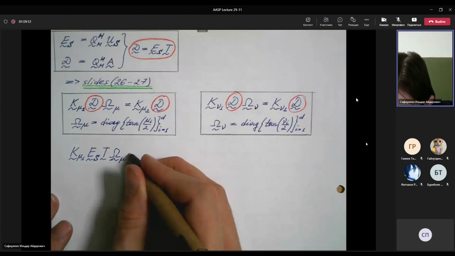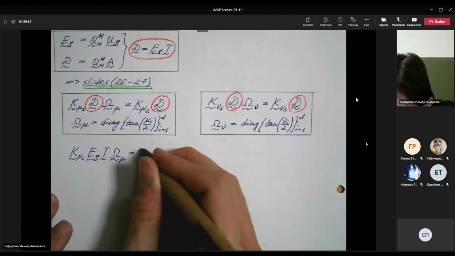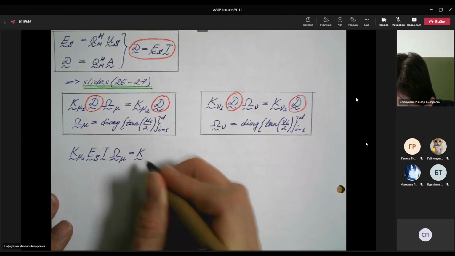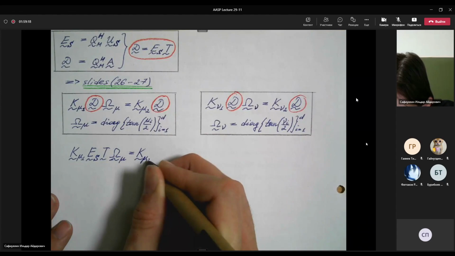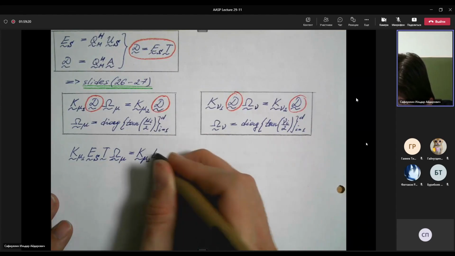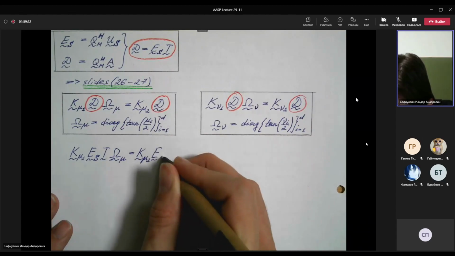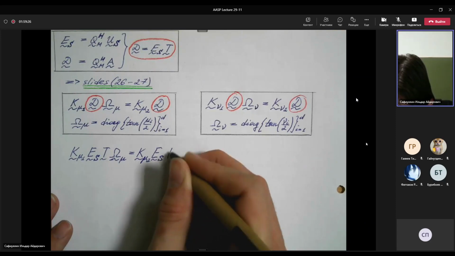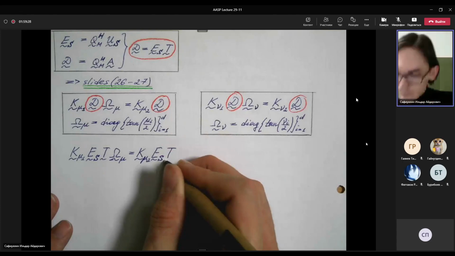It is equal to K sub mu sub 2 times E subcapital S and times T.